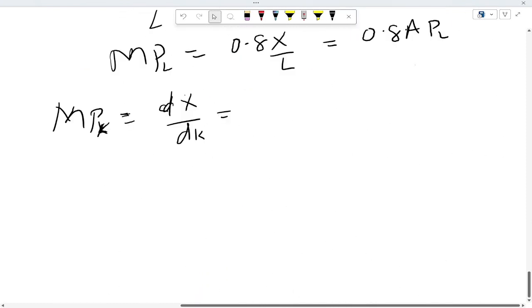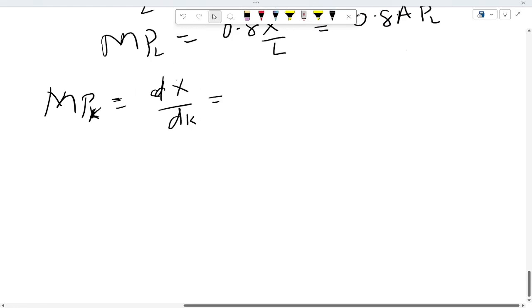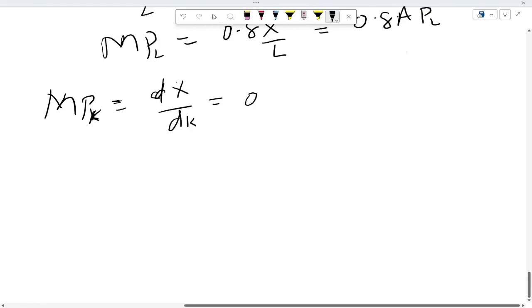You don't have anything to do with that of L. So 0.2 will come outside, the bracket will open. You have this 0.8 multiplied by K raised to power 0.2 minus 1.